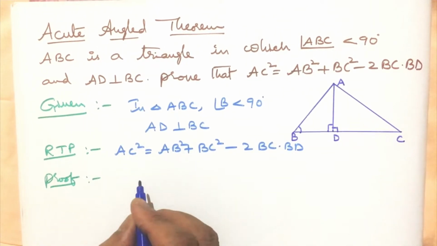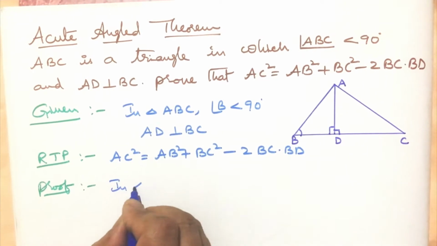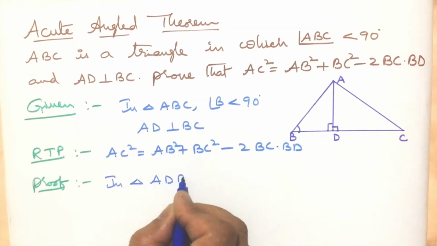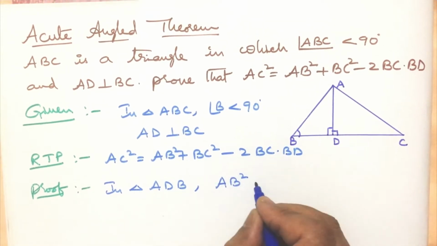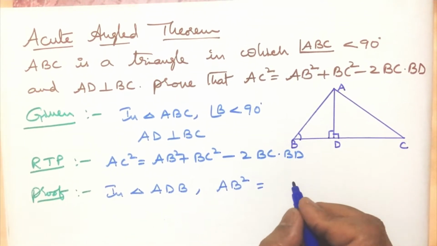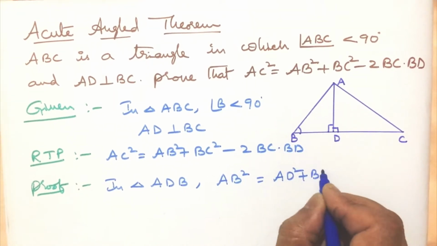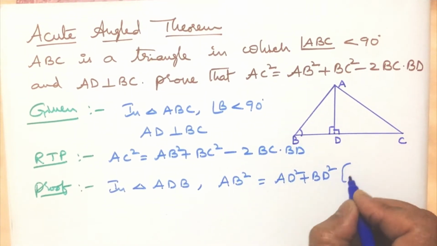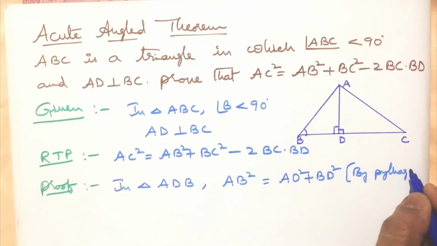So let us apply the Pythagoras property in both triangles. In triangle ADB, AB square is equal to AD square plus BD square. This is by Pythagoras theorem. You have to write the reason in brackets.